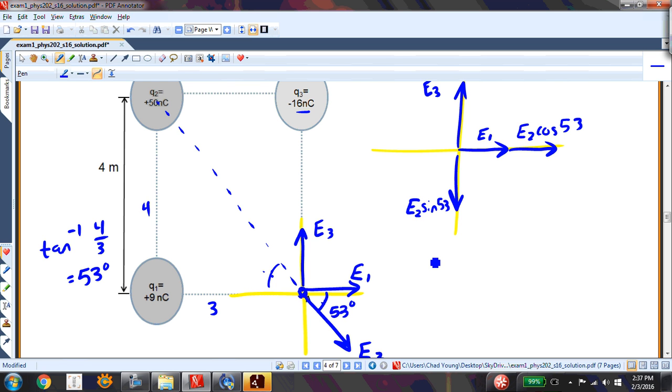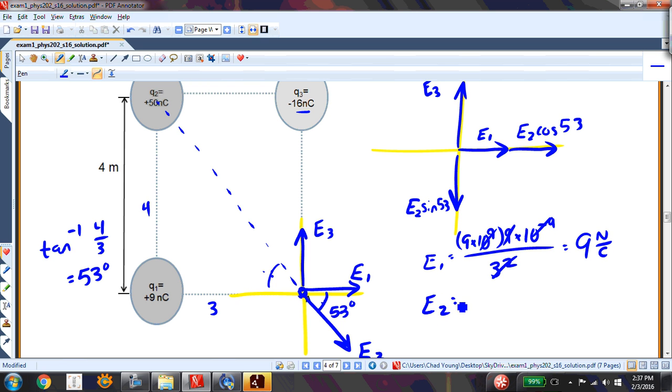Let's go ahead and find the magnitudes of E1, E2, and E3. E1 is equal to KQ over R squared. It's 9 times 10 to the 9th. That's K. Q is 9 times 10 to the minus 9 over the distance between that point and particle 1, which is 3 squared. So that cancels there, there, and there, and I'm just left with 9 newtons per coulomb.